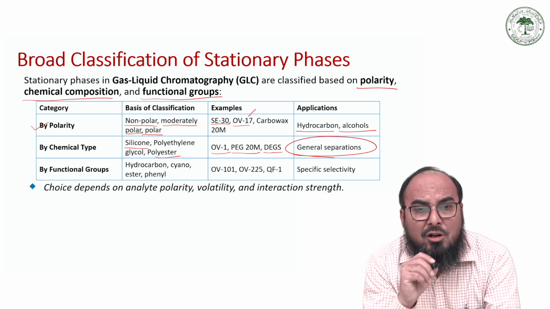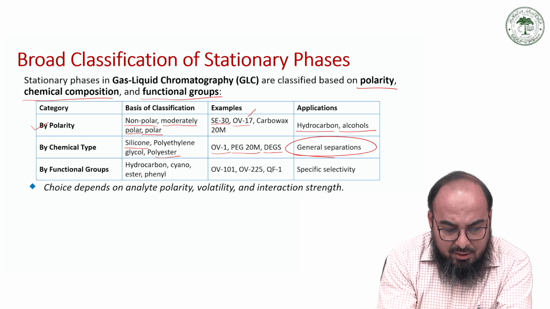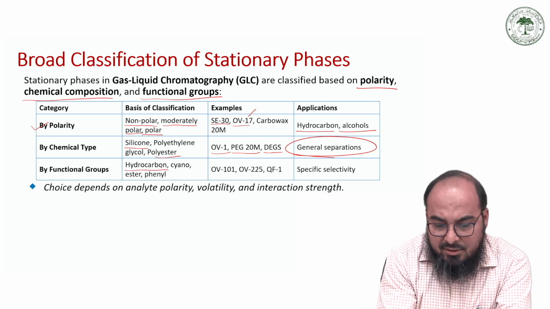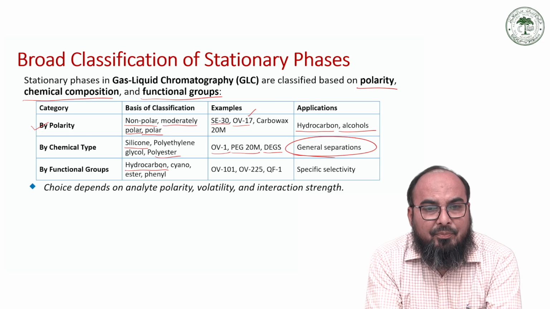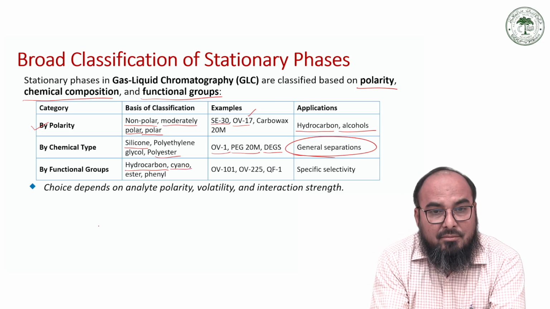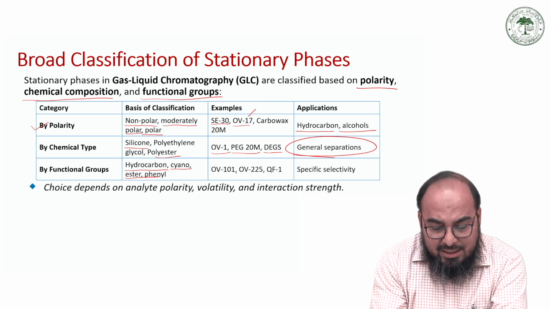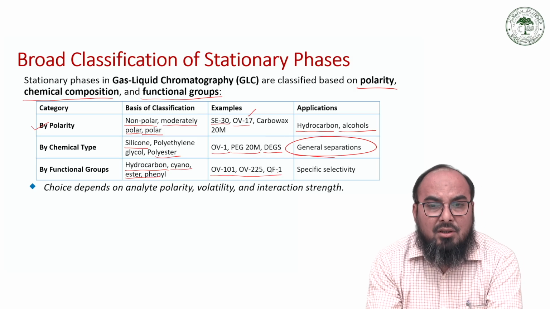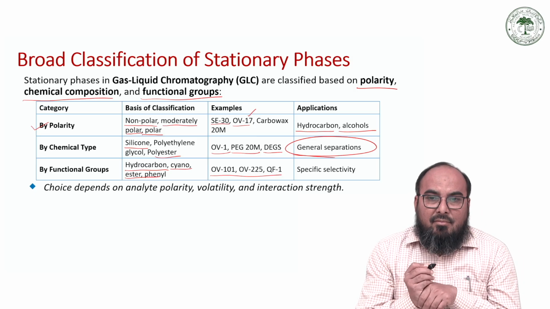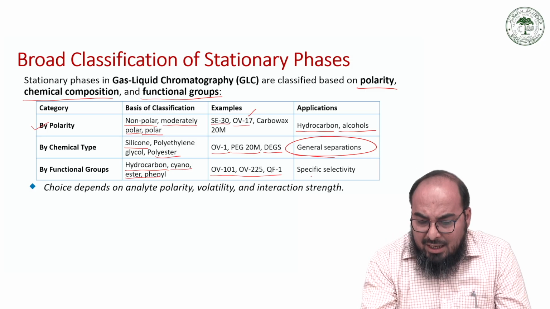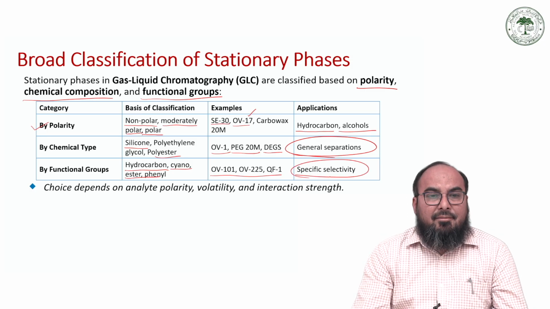Now in terms of functional group, for example, hydrocarbon is non-polar. Cyano group is highly polar. Ester group, phenyl group, polar. So the examples are OV101. These are the trade names actually. They have a specific selectivity.